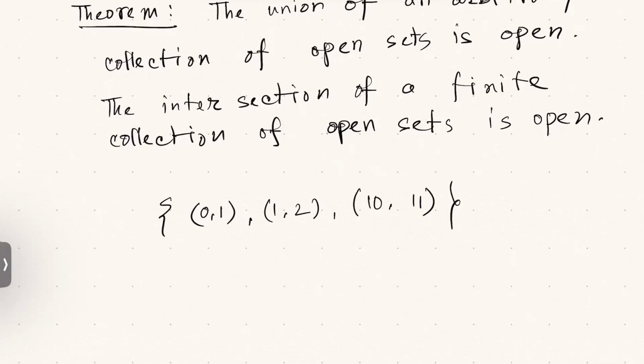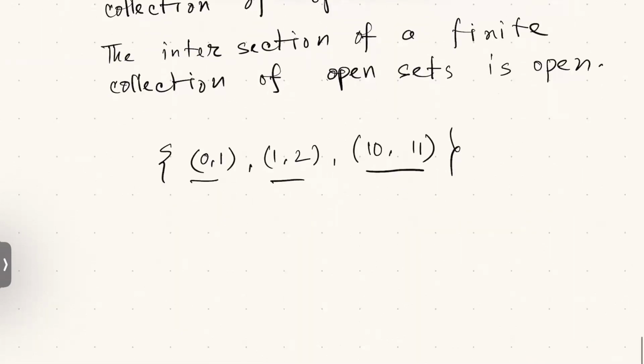So you understand now why I'm considering a collection, because I'm taking intervals and I'm forming another set. That's why we are considering collections of open sets, because I can have one single open set, but I'm considering the operation union, so I need some more open sets, and hence I need a collection.